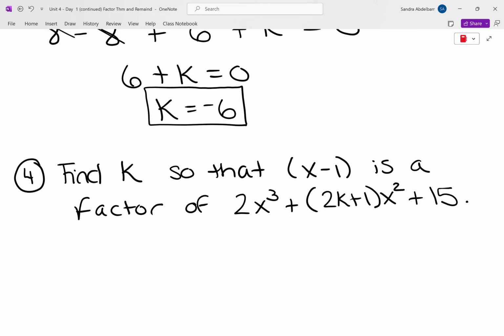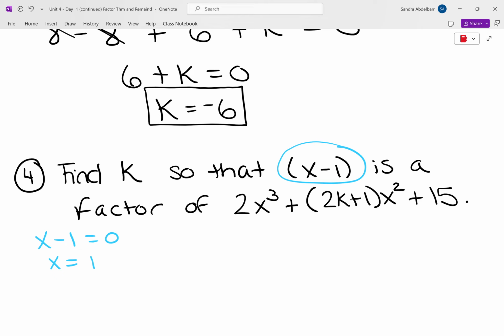Yeah, so you guys tell me. If x minus 1 is a factor, what do we know? We want the remainder to be 0, right? We want the remainder to be 0. So can I use the remainder theorem here to help us find k? Absolutely. How do I use the remainder theorem to help me find k? I'm going to take x minus 1, set it equal to 0, and what will x equal? 1.